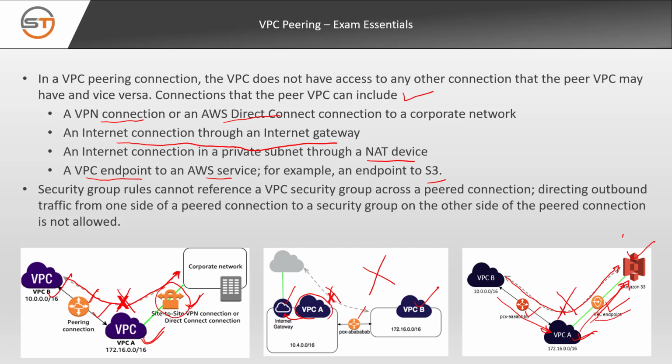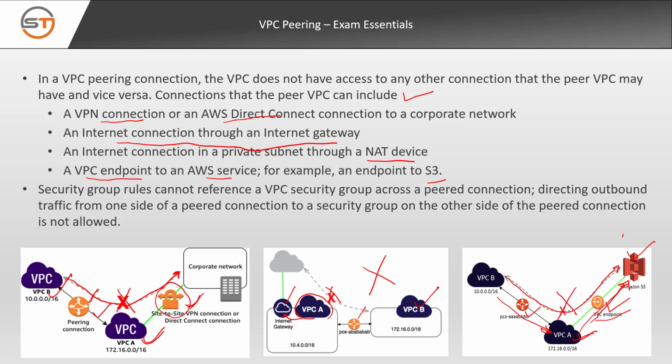No, this is not possible. VPCs cannot talk to the VPC endpoint at the other end of a peered connection. On a similar line, it cannot talk to the AWS Direct Connect at the other end of the peered connection. Similarly, it cannot talk to the internet through the NAT devices at the other end of the peered connection.